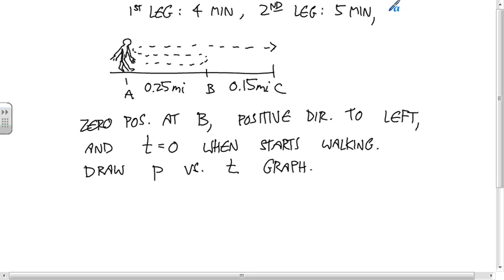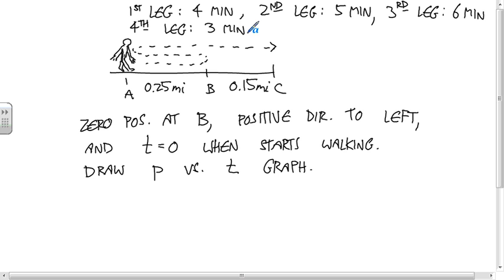Then by the third leg, he's exhausted, so it takes 6 minutes. And then that fourth leg from B to C, that's a little shorter, so let's say that takes 3 minutes. Okay, that would be given as part of the problem.